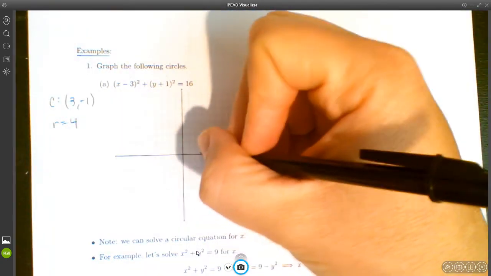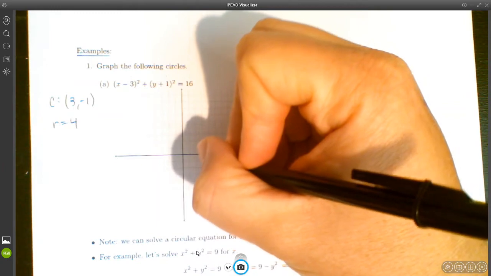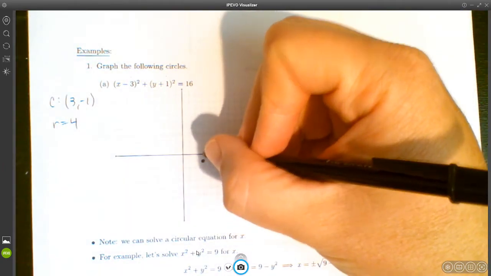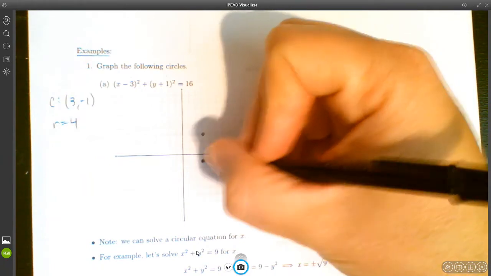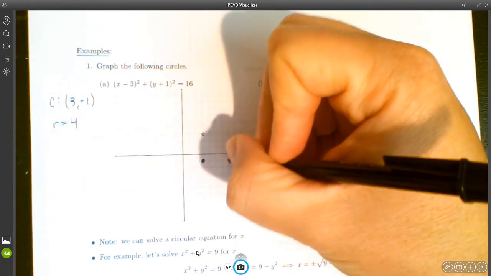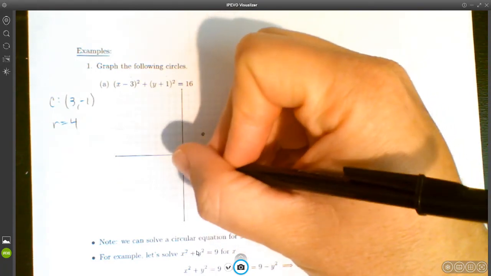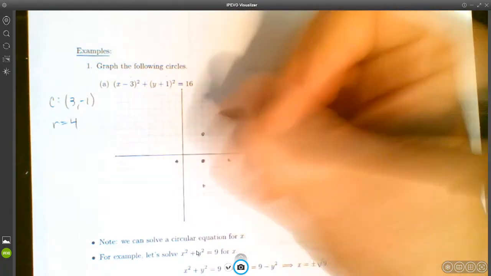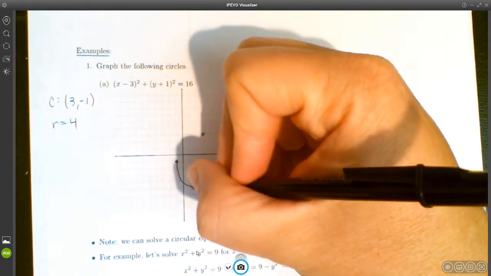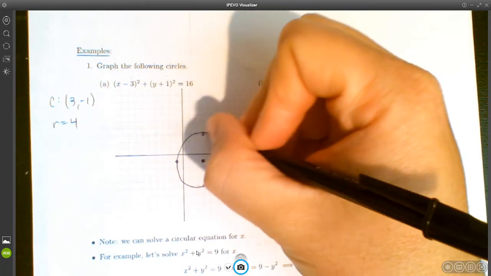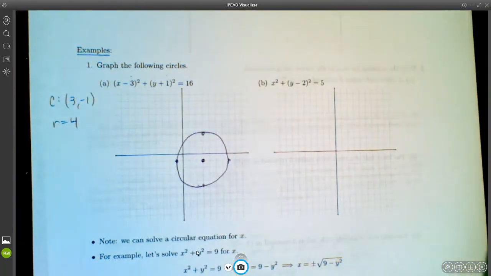So there's the center. From the center, I'm going to go up 4, right 4, down 4, and left 4. And these outer points are the edge of the circle. I'm sure you can do a better job drawing a circle than I can. But there you go, that's how circles work.